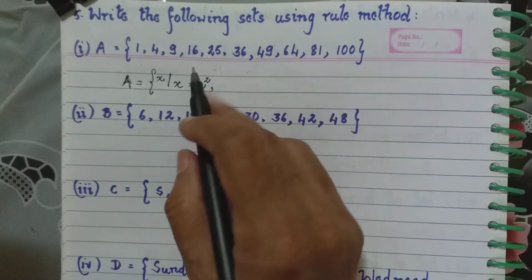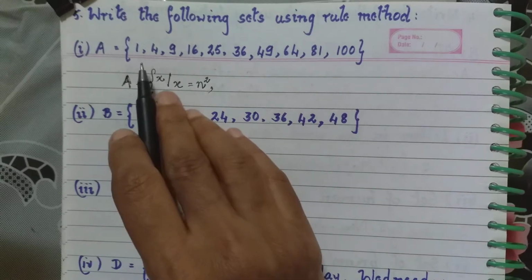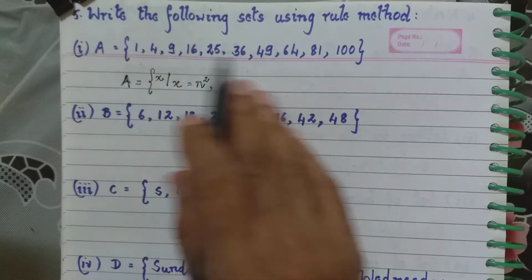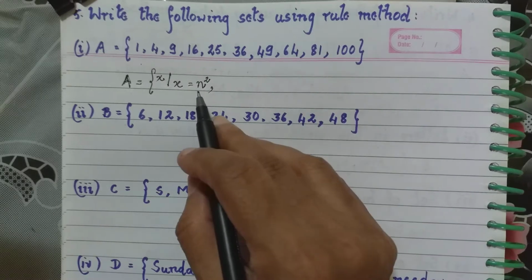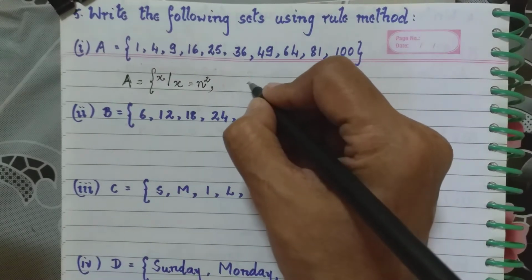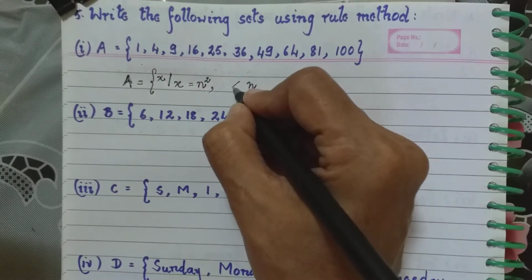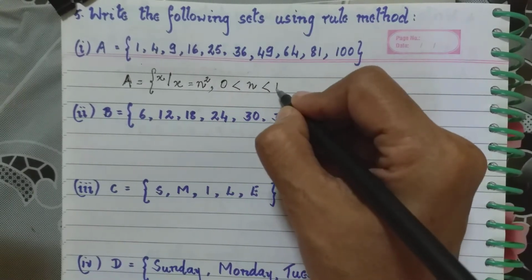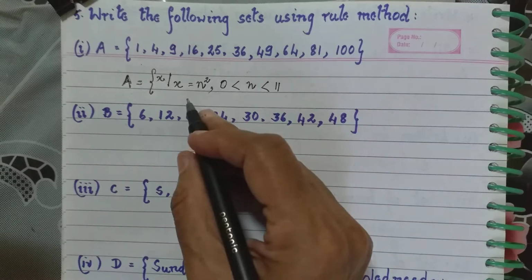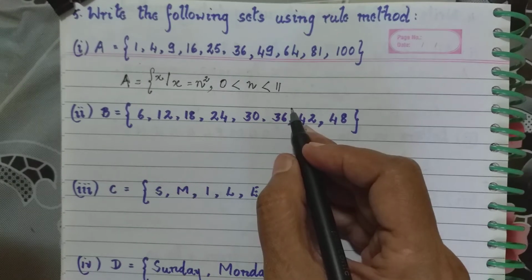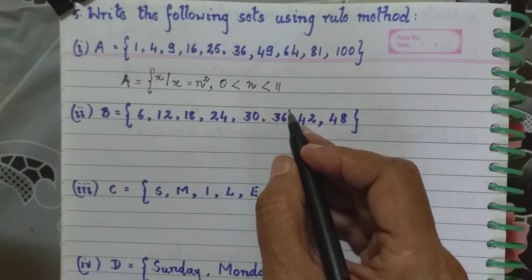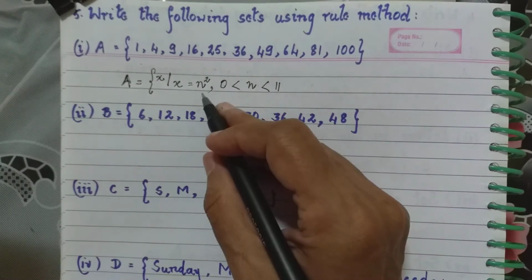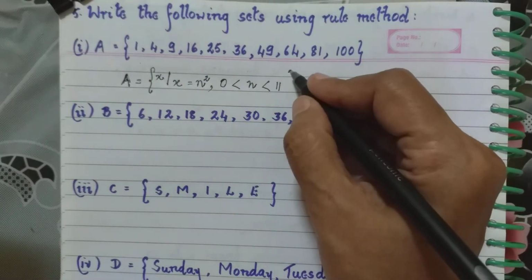So we can say that this n lies between 0 and 11. So I can write here, where n lies between 0 and 11, and then x is equal to n square.